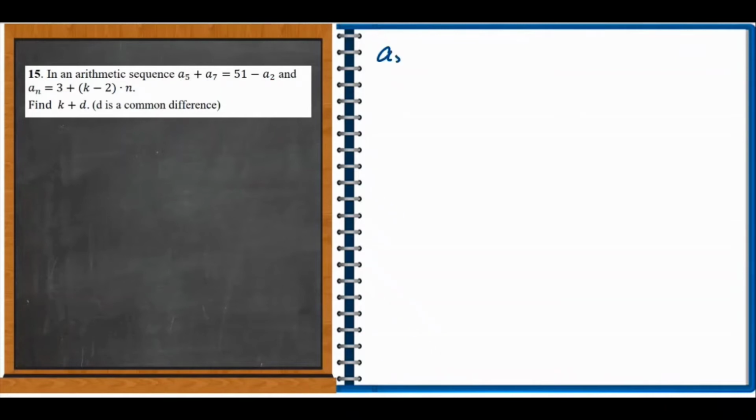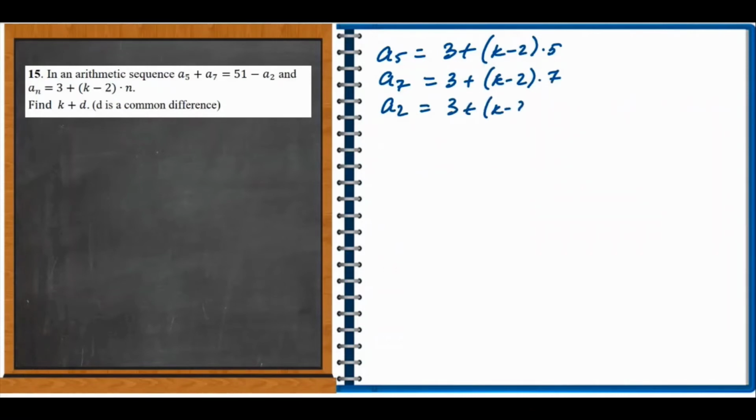Now, a5 is going to be 3 plus (k minus 2) times 5. A7 is equal to 3 plus (k minus 2) times 7. And a2 is going to be 3 plus (k minus 2) times 2. Let's simplify: 3 plus 5k minus 10, that's going to be negative 7 plus 5k.